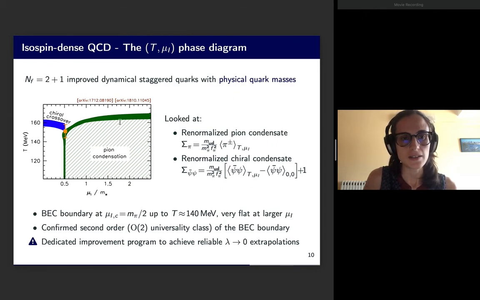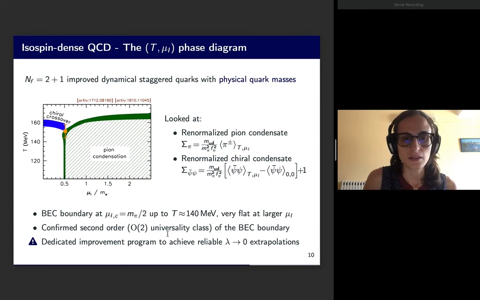And you can see that this phase diagram has interesting features. This boundary is basically vertical up to 140 MeV, and then it becomes very flat at large mu I. And the chiral crossover basically goes into the other boundary, starting at what we know is the temperature of the chiral crossover at mu equals 0.